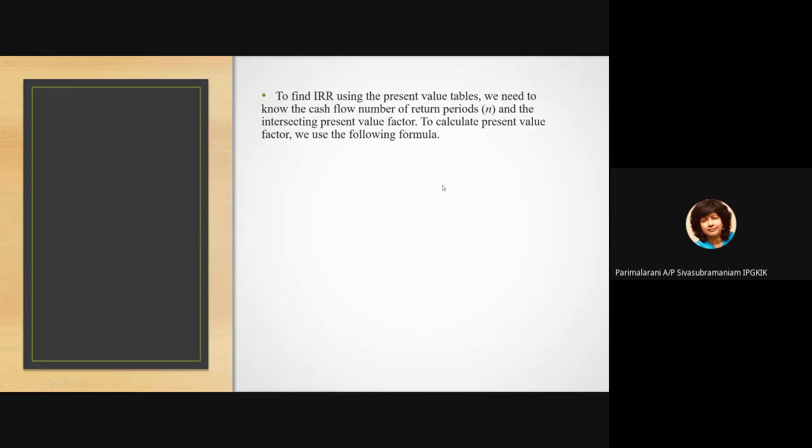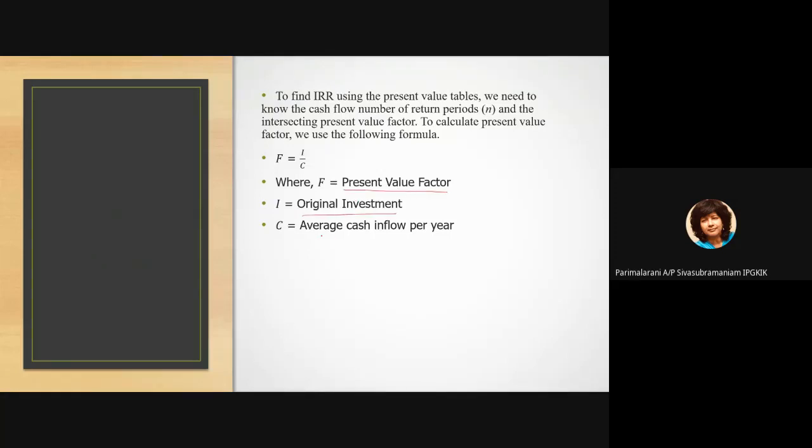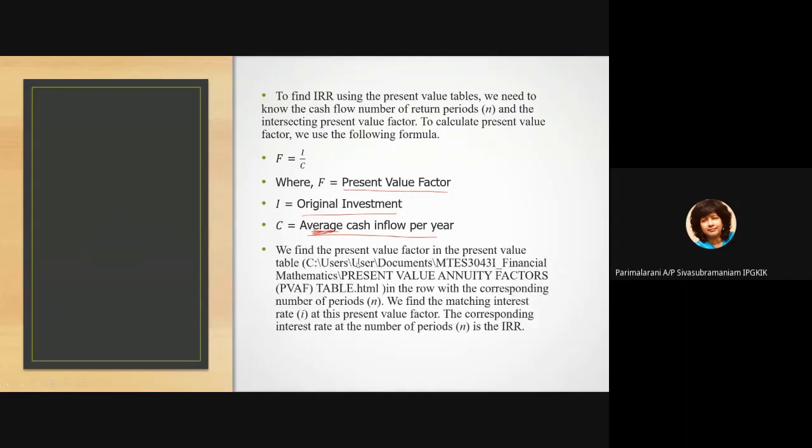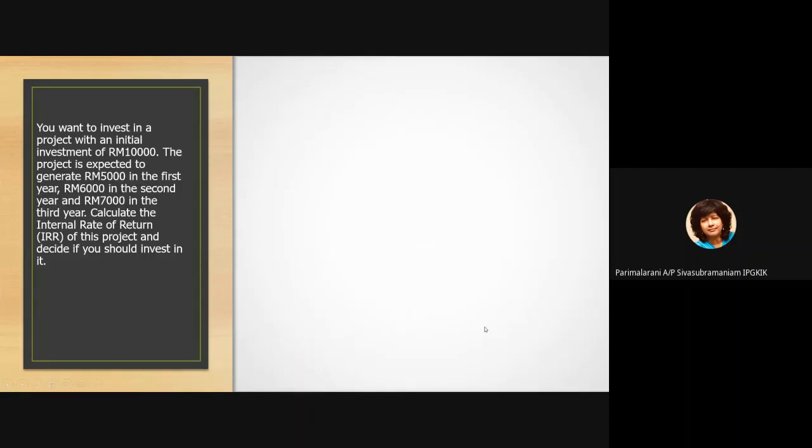To calculate the present value factor, we use the following formula: F equals I over C. F is the present value factor, I is the original investment, and C is the average cash inflow per year. We find the present value factor in the present value table, in the row with the corresponding number of periods. I won't explain this first; I'll show you how to do it later.